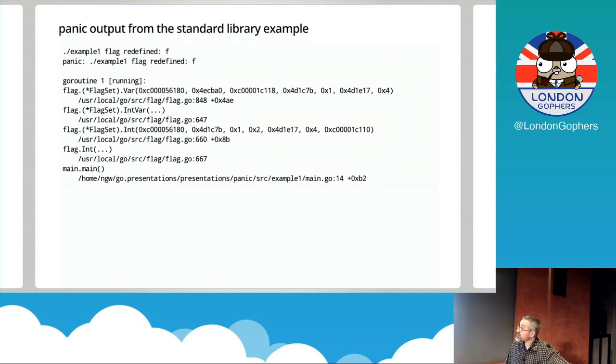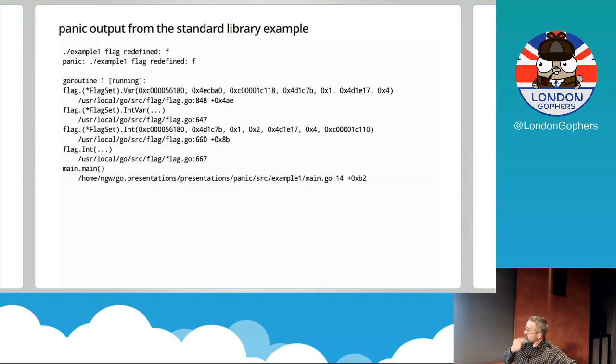The first line is actually printed out by the library. So the flag package is printing out that line, and then the rest of it is from the panic mechanism. So you see the panic string and the details of the value that was passed to panic.